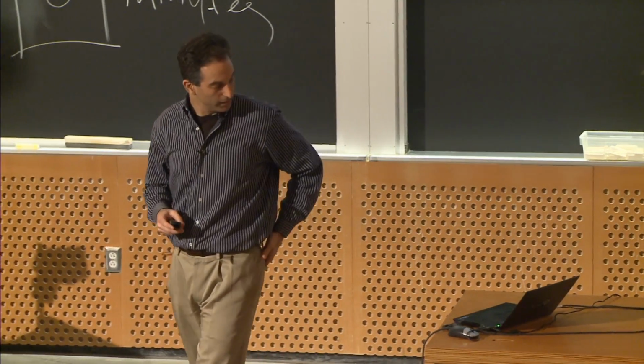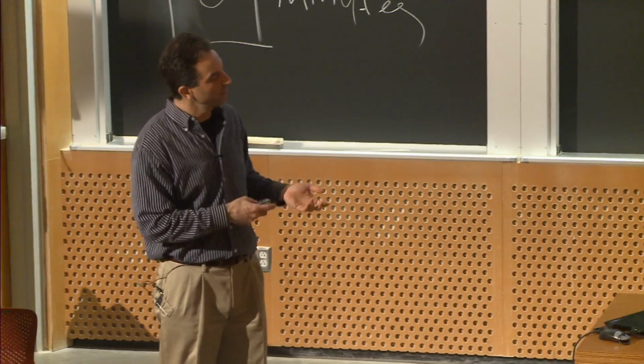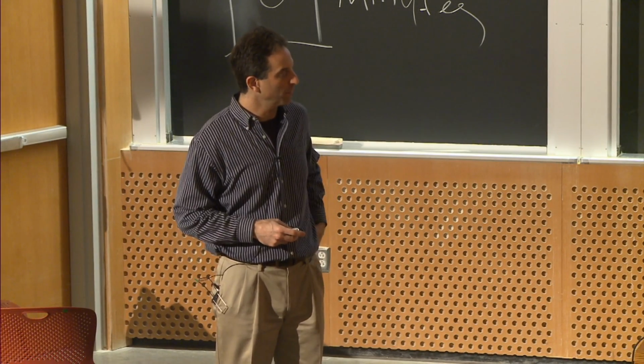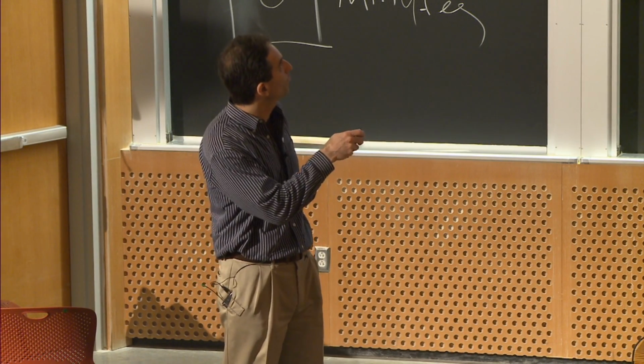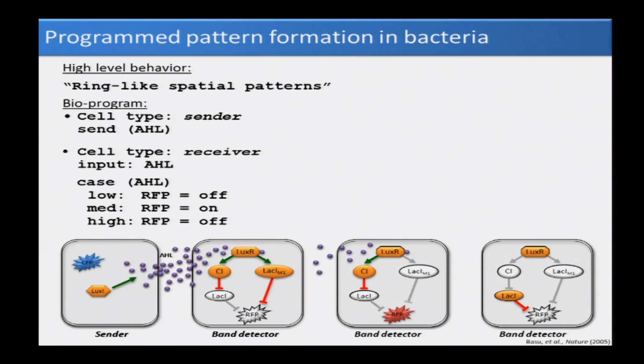So, to further think about this in terms of populations, we programmed something else, which was pattern formation. Now we have the desire to create senders and receivers, where the senders send the same message to the receivers. Now we have a longer feed-forward motif.